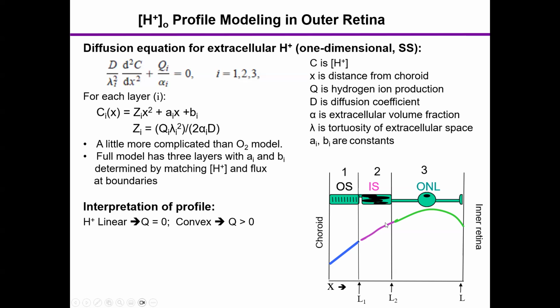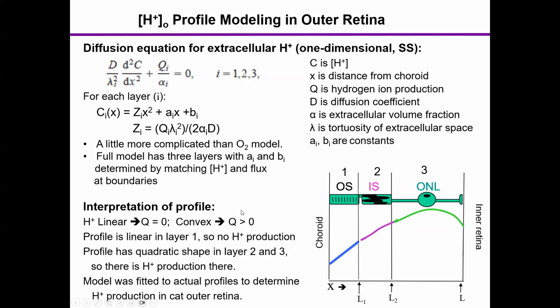If the curve is a little bit convex or very convex, then that means there's hydrogen ion production in that layer. So there's no production in layer 1, but the profile has a quadratic shape in layers 2 and 3, implying that there is production there.